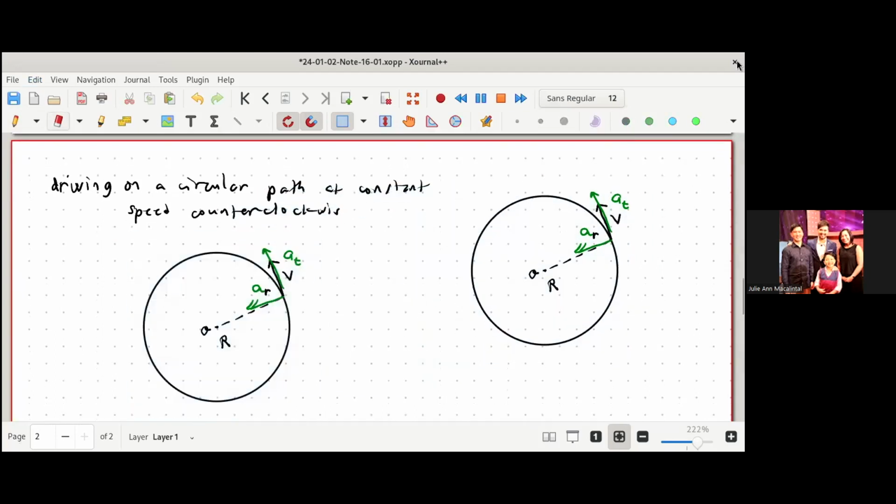Then let's remove this for now. So our model is we have a car and it's moving around at a constant speed, v. Now, the assumption here is that the circle is on level ground.